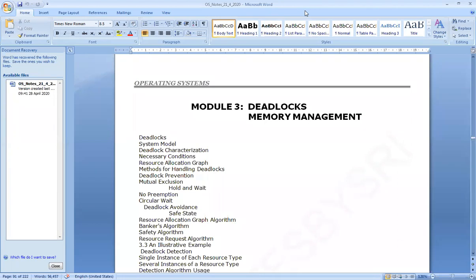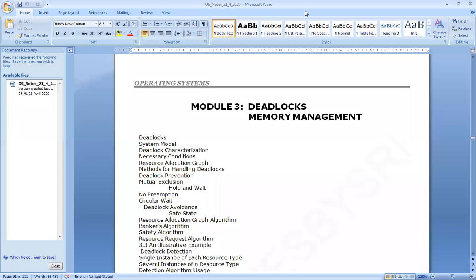How this problem can be solved using semaphores, how it can be solved using monitors, and how different functions like the wait function, signal function, and binary semaphore work. Then the hardware semaphores, and how they are used for process synchronization. All these things we discussed very clearly.